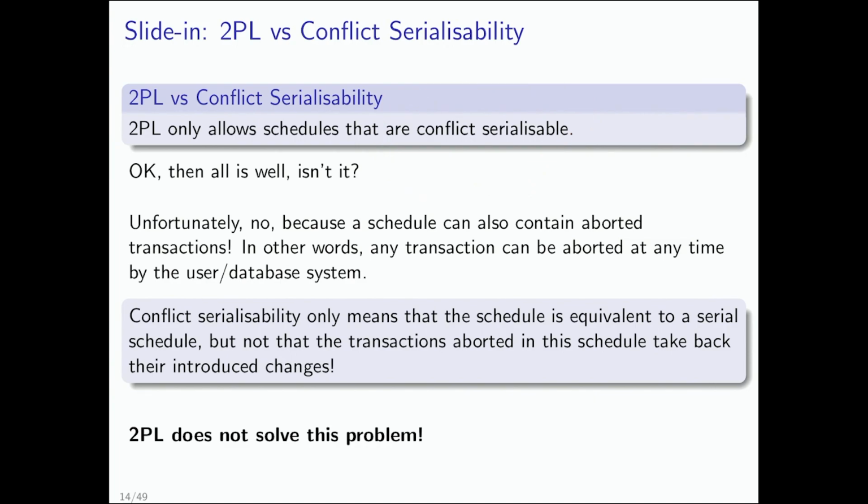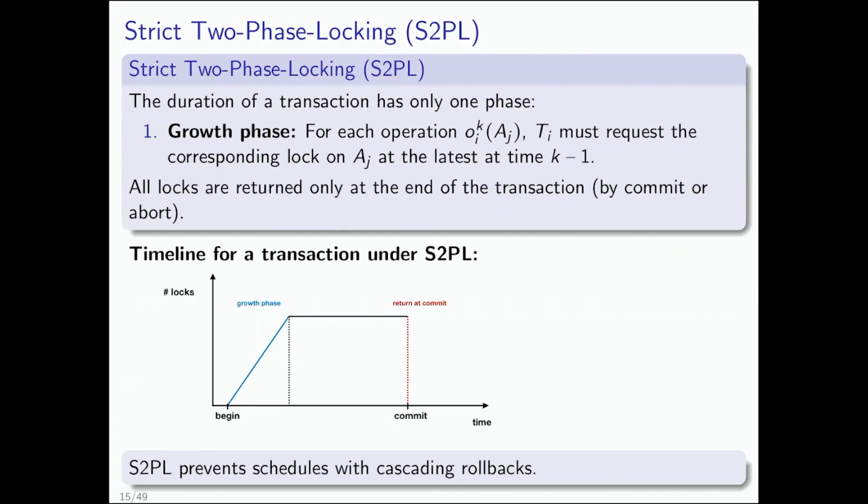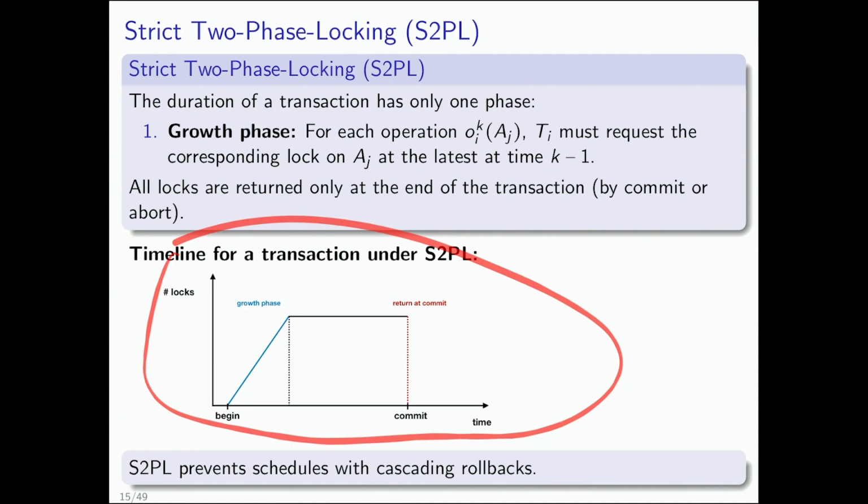So that problem was not solved. Two-phase locking does not solve that problem. There's a longer story for that, and there are different ways to avoid it. One is a stricter version of two-phase locking. Strict 2PL, or S2PL, means we only have a growth phase. There's no shrinking phase anymore. So the graph looks like this. The shrinking phase is gone.